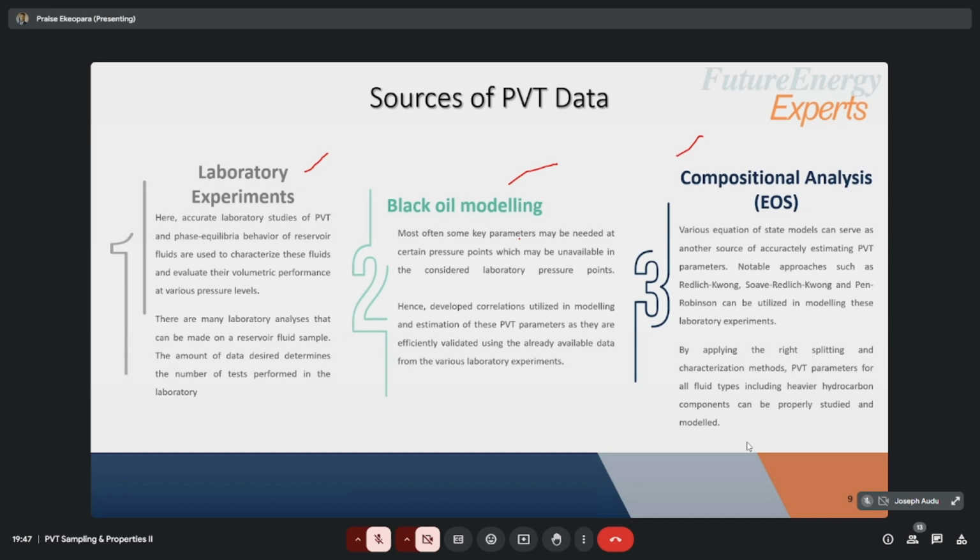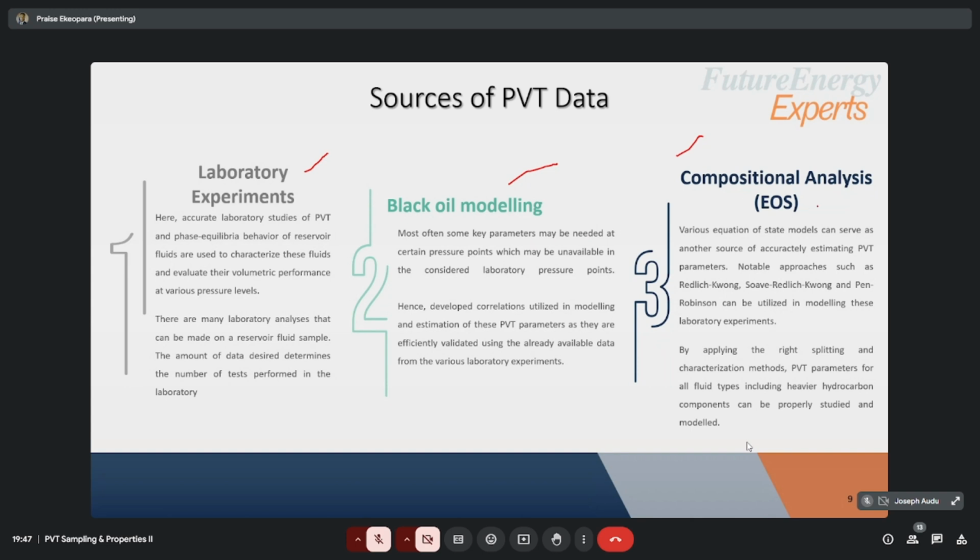So what we do is get our lab data, the extracted PVT data, and use it to build our PVT model, carrying out some matching to have an accurate model. Then we can use it to predict our various PVT parameters at any desired condition, as long as it falls within the boundary of that model.